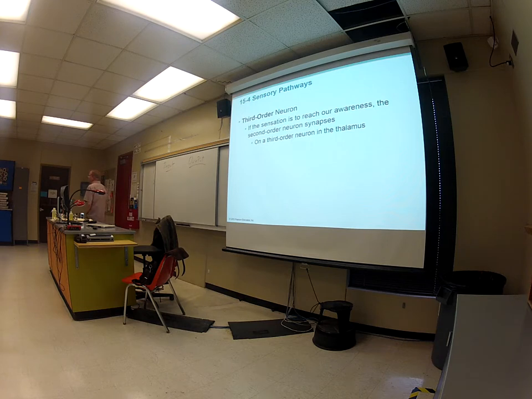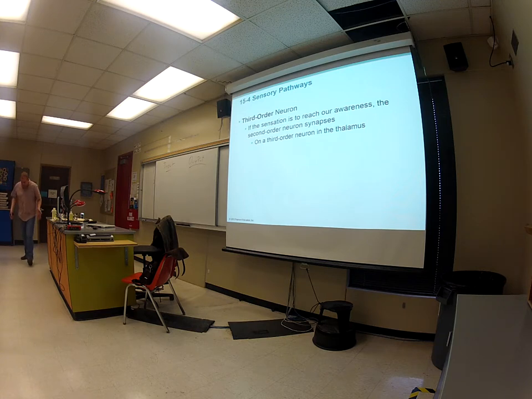Okay, so if I say spinothalamic, what is it? It's input. Is it second or third order neuron? It is second. Yeah, it's a second because it stops at the thalamus. Now, it can be a third order neuron because it's going to go to the cortex and you're going to decide whether or not it's worth it.